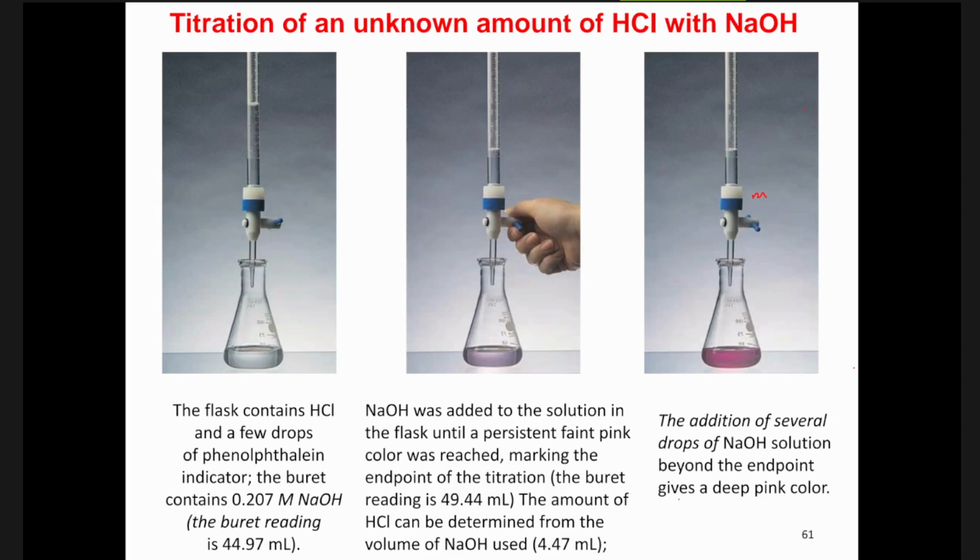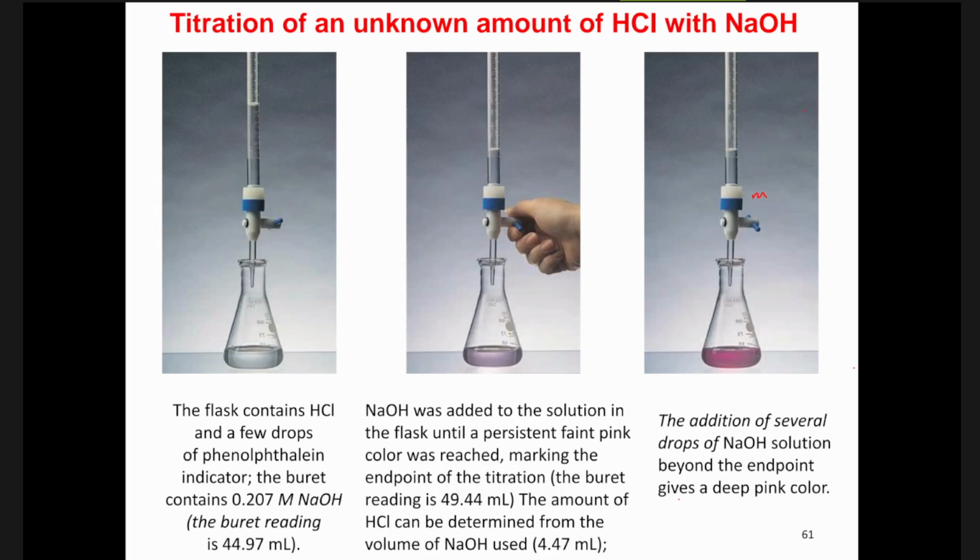Each time you add sodium hydroxide into the hydrochloric acid, the color inside the solution, because of the color indicator present, will change. The moment the color of the indicator is stable, that means the reaction between sodium hydroxide and hydrogen chloride is fully complete.